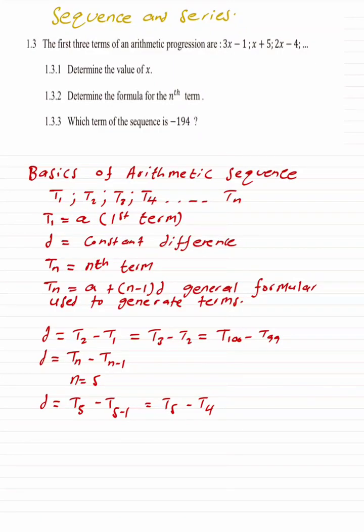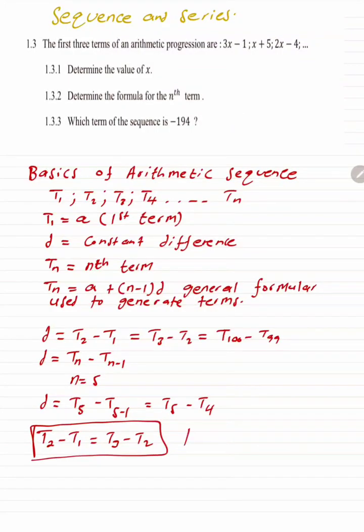Okay, so these are the basics that are very necessary. We may also add that T2 minus T1 is the same as what? T3 minus T2. So this is always going to be true for an arithmetic sequence, right?